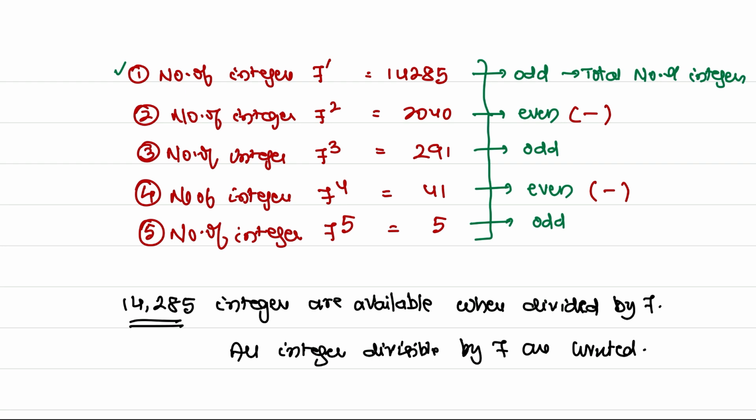When you remove 14,285 minus 2040, because everything is counted there when divided by 7: 7 to the power of 2, 7 to the power of 3, 7 to the power of 4, everything is counted. And 7 to the power of 2 should be removed, that number of integers. And 7 to the power of 4 also has to be removed.